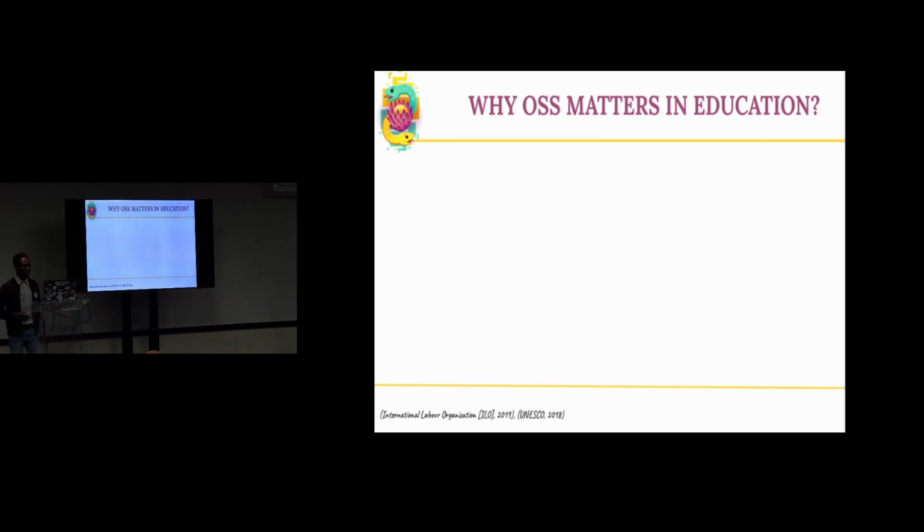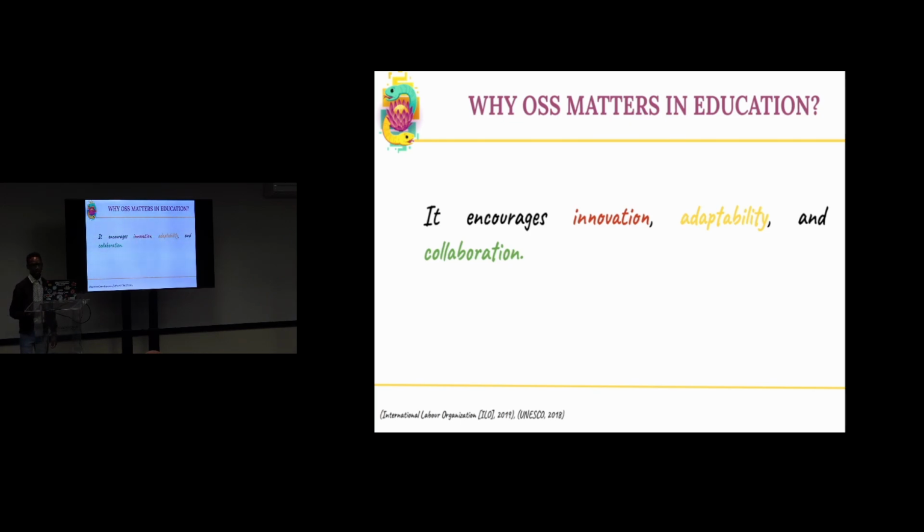So why do we need open source software in education? The reason is that we want to encourage innovation. Innovation cannot only happen when you are looking at one aspect, because there are many ways to be innovative. And if you are looking at only one type of technology to be innovative, then you won't be really that innovative.